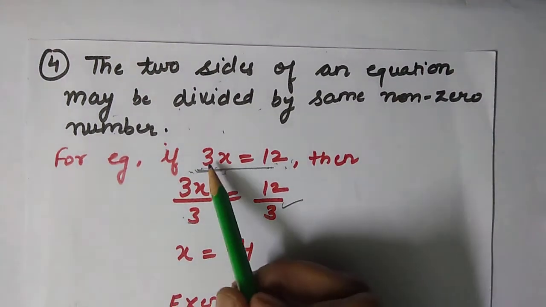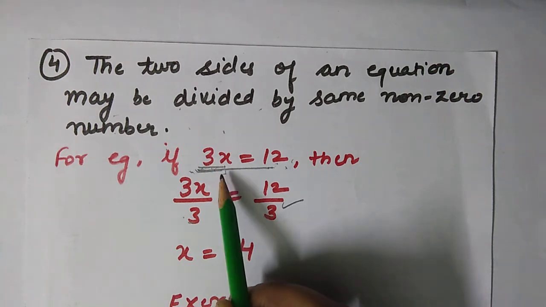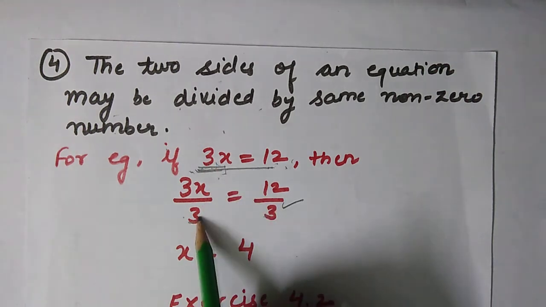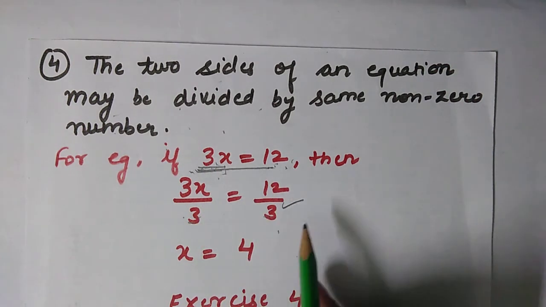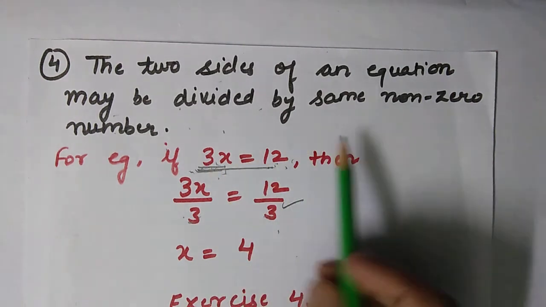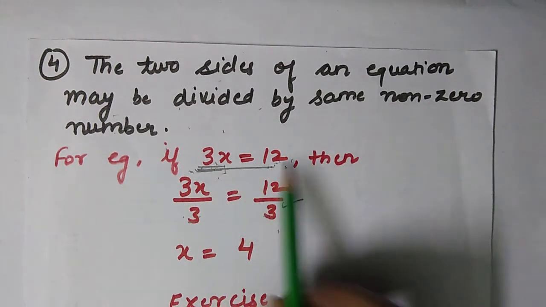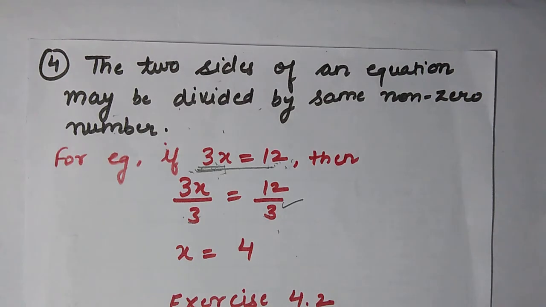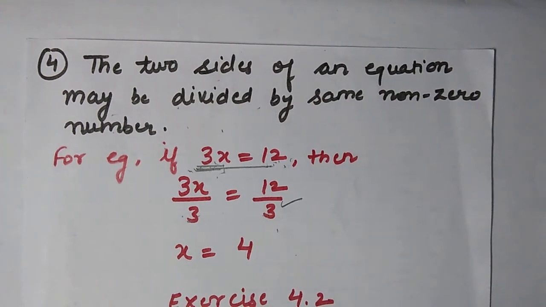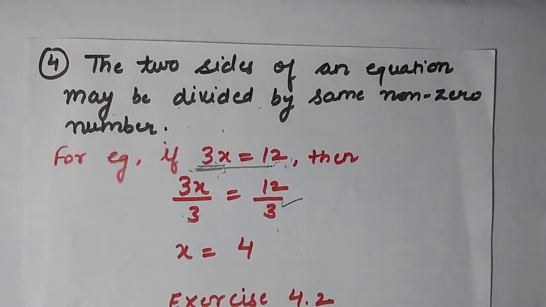So we can divide the left hand side by 3 and the right hand side by 3 also. We can divide both sides by the same number. So this is the fourth rule. Now let us discuss how you can solve the equation using these 4 rules.